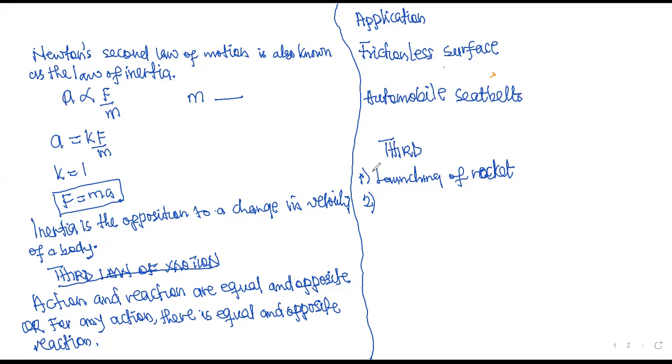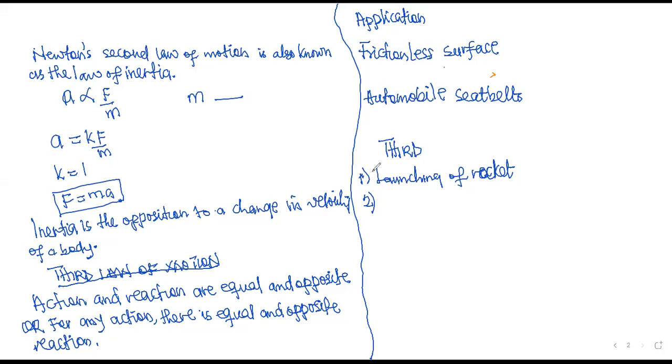Okay, so whilst you shoot your legs and hands in the backward direction, there will be that equal force acting on your body in the forward direction. So action backward, and then you are shot forward by that equal force as well. So it is applied during swimming.